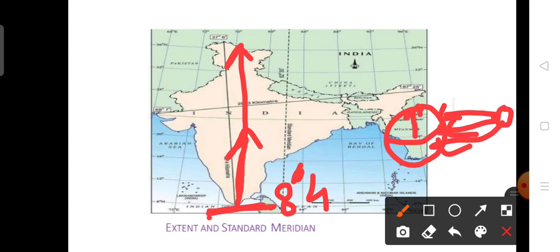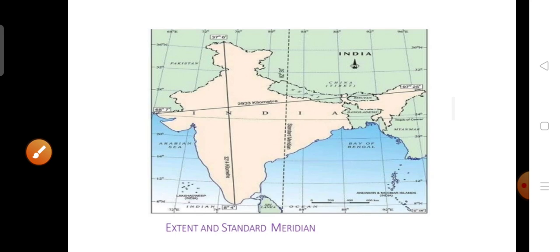Means this will change the duration of the day and night. When we move from south to north in India, the duration of the nights and days will be different. When we move from Kanyakumari to Kashmir, the nights will become longer and the days will be shorter.